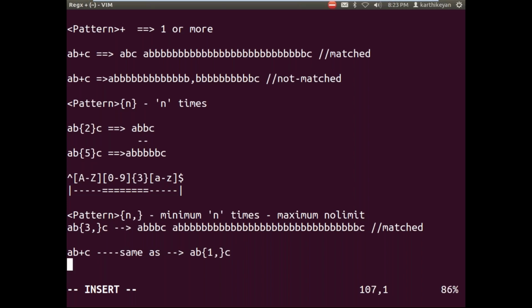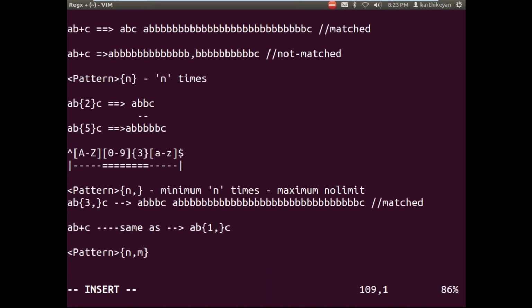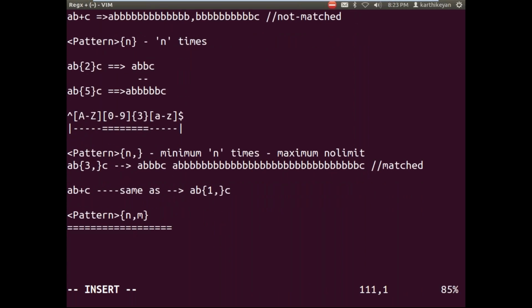Here we can use a range also. For example, the pattern: minimum n times, maximum n times. This is the pattern, minimum and maximum. For example, you can take A, B, 2 comma 4 followed by C. So what is the pattern?